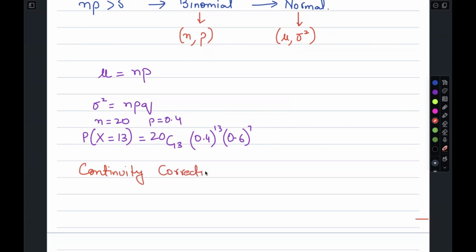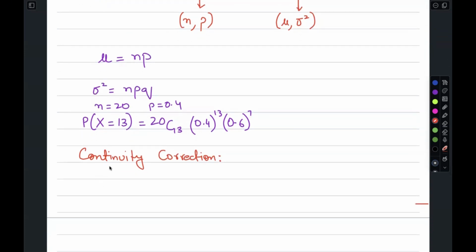As in normal, we cannot take a single specific value. So let's say we are talking about 13, and the question is to find the probability for x is greater than 13. Now for a continuous value, we know that it can take values such as 13.001, 13.1, 13.0001.